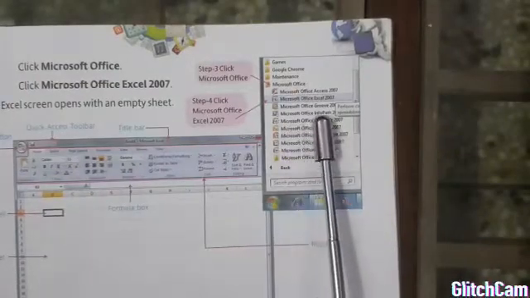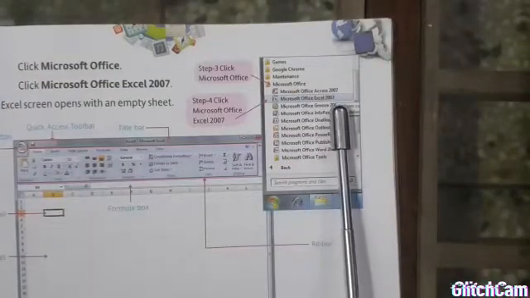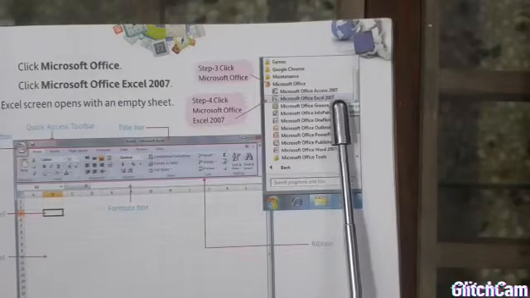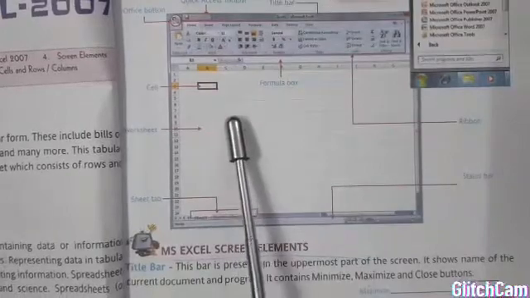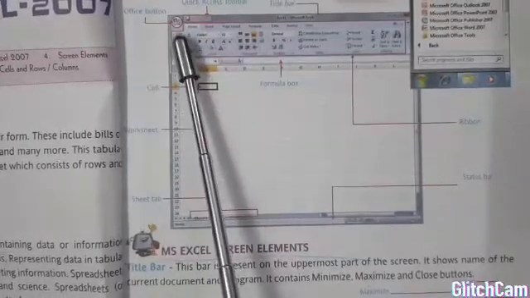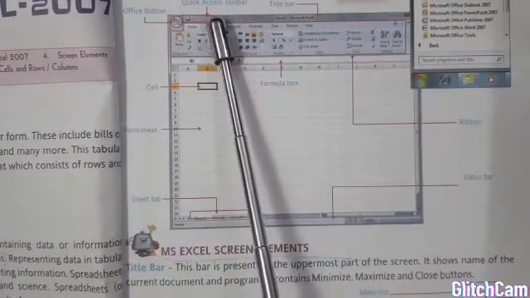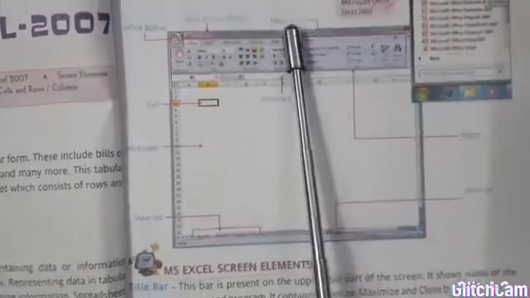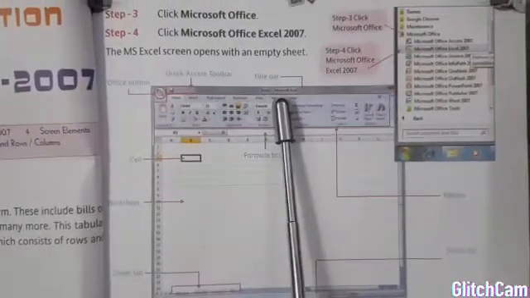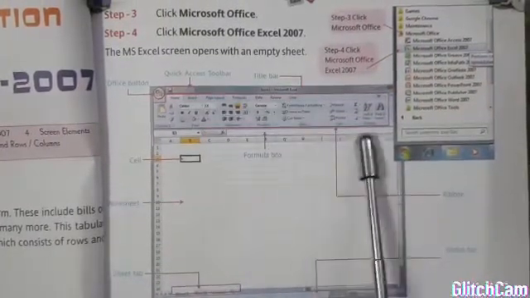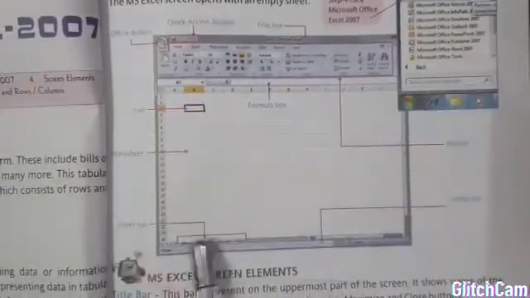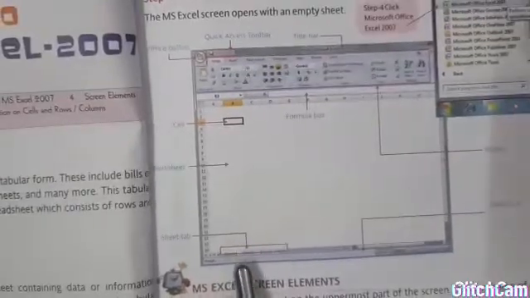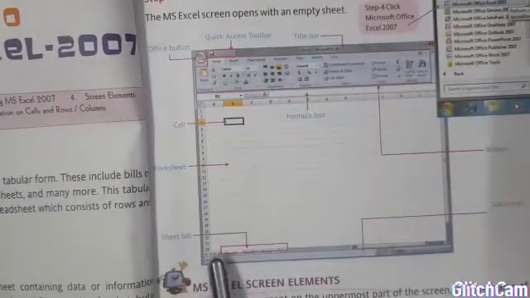You have to click on Microsoft Excel 2007 and then this type of worksheet will be available on your screen. You can see this one is the Office button, this is your quick access toolbar, this one is your title bar, this is your ribbon, then this one is your status bar, this one is your sheet tab.